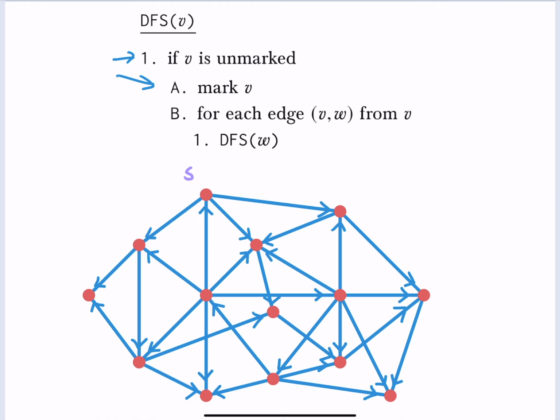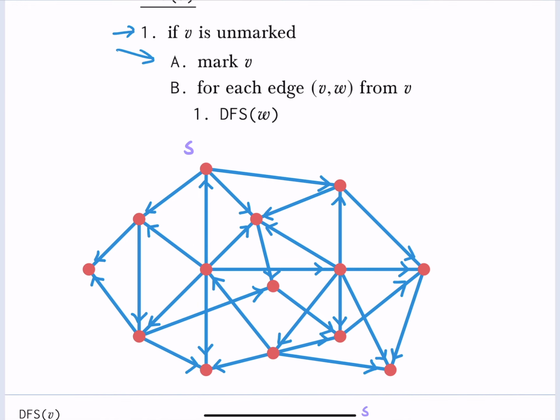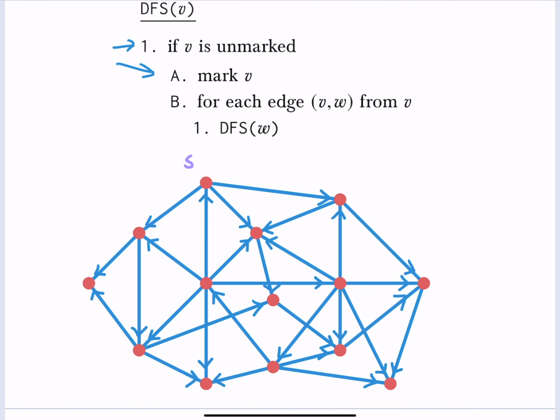Okay, just to make sure we're on the same page, I thought we'd simulate this algorithm. If I call depth first search S, you guys just tell me at some level what's the next vertex we go to. I guess I can go left or right, just pick one.